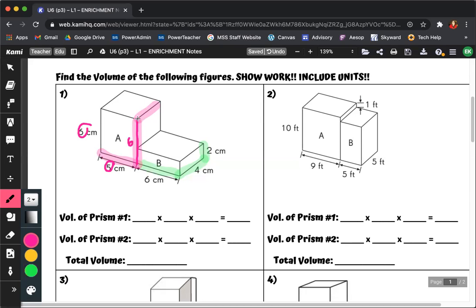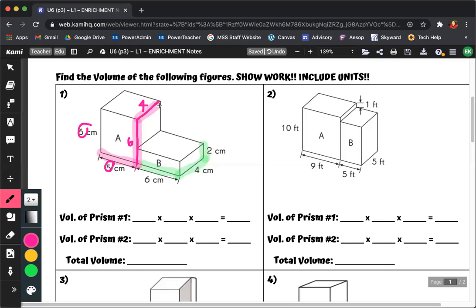And then for our width, I don't see anything here, so I'm going to look at equivalent lengths. I also don't see anything here. I'm going to check here. I don't see anything there, so I'm going to look over here. That's telling me that the width across is 4. So this measure right here is 4.